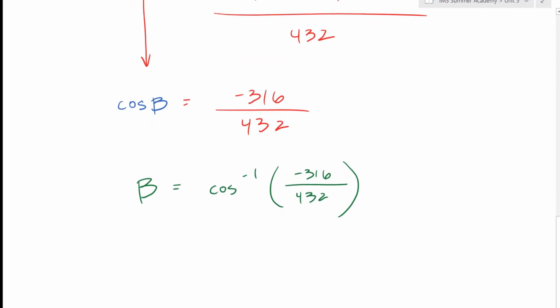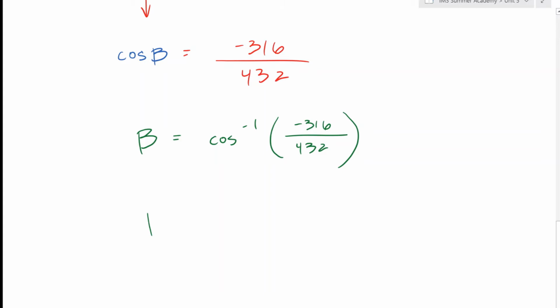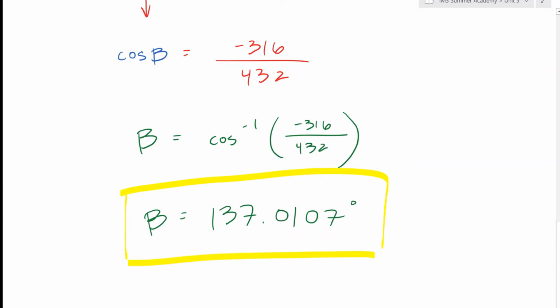Let's find the cosine inverse of negative 316 over 432. That comes out to 137.0107. Now remember, big letters are angles, so this is in degrees. So we found that angle B is about 137 degrees.